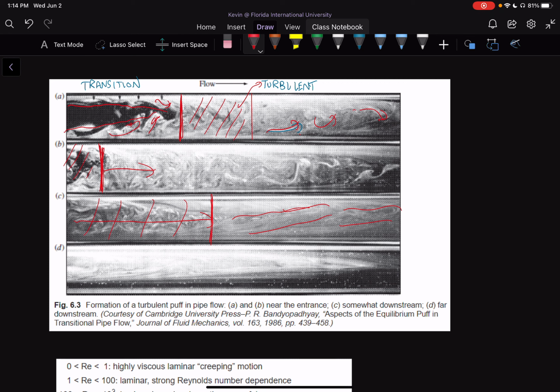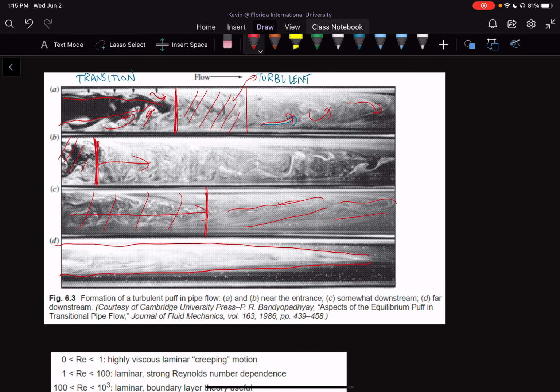Now, if we look further downstream in our flow, we get a flow that is a little bit more organized within our system, and we can describe it as fully developed, or fully turbulent as well. We have a more fully developed flow and we understand what's happening a little bit better.